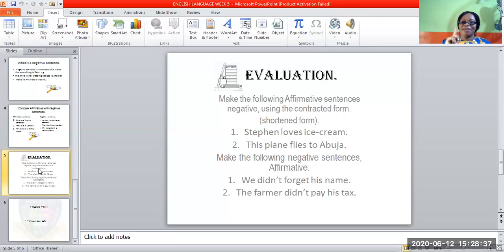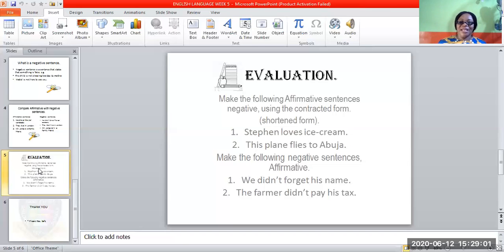Now, let me give a roundup on what we have learned so far. We have been able to say that affirmative sentences are positive sentences that state a truth. It mentions a truth. It reads a truth. It writes a truth. It is a truth.